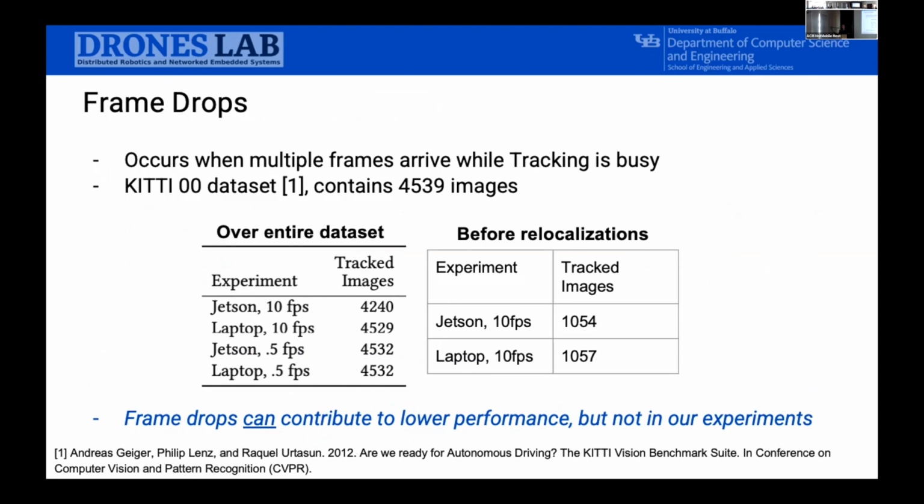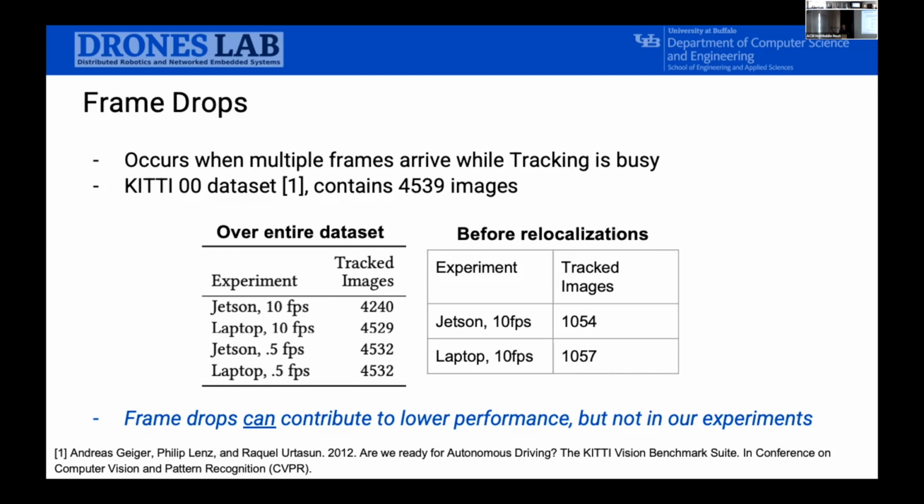On the KITTI dataset, we ran experiments on each of the device and frame rate pairs. And we see that for the most resource-constrained device, which is the Jetson at 10 frames per second, it tracks significantly fewer images than the rest of the devices. However, this is because the Jetson enters relocalizations far more often than the other devices, and during relocalization, no images will be tracked at all.